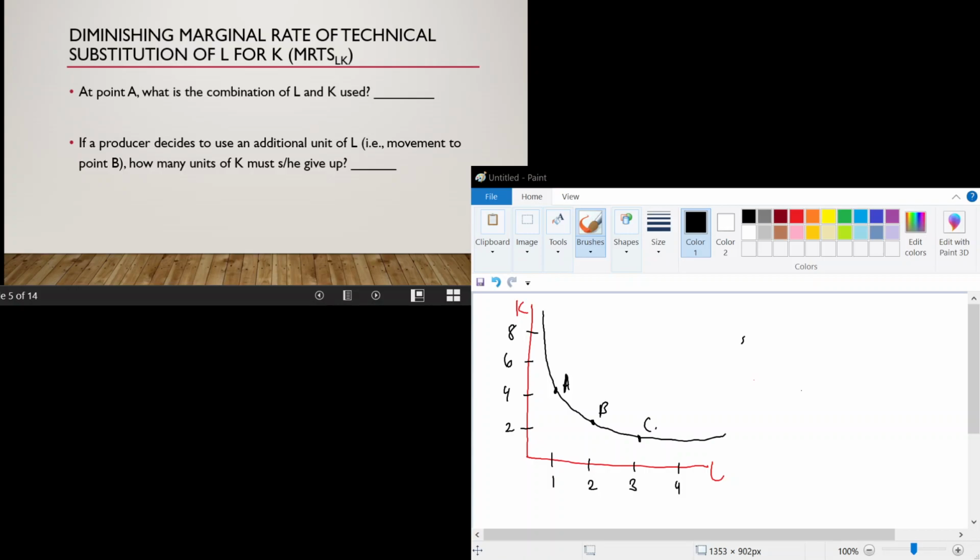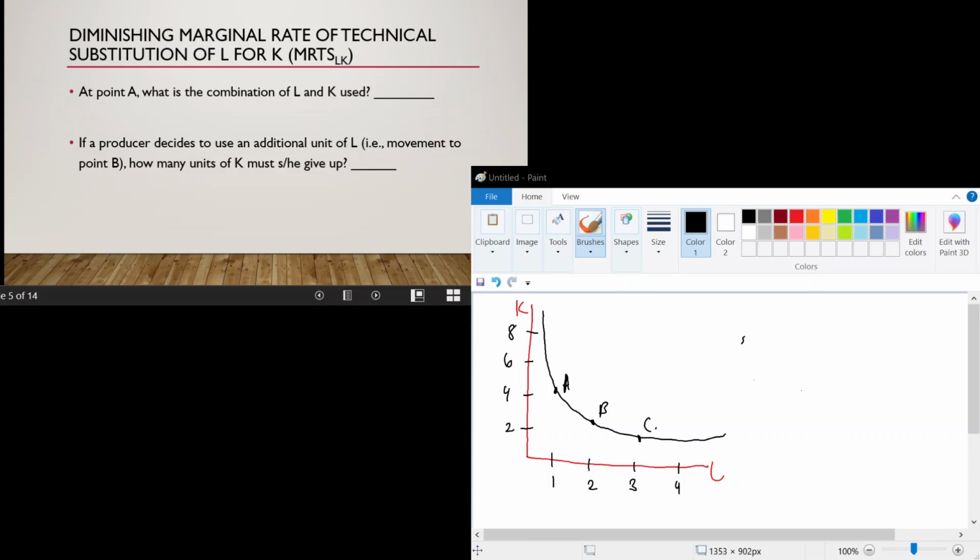So let us now see kung gaano kadami yung kailangan nating ibawas dun sa K natin if we add additional L. But first, yung question na una is at point A, what is the combination of L and K used?